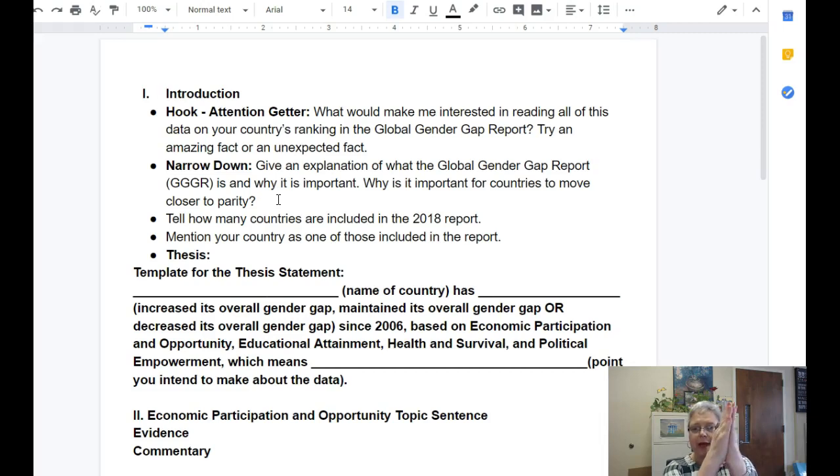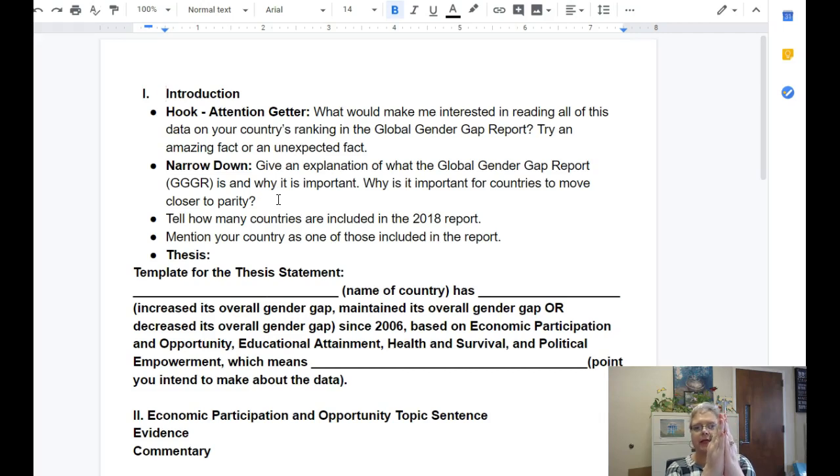When we say parity, we think of parity as being together. Male and female are the same. There is no gap when we're at parity. Disparity is when we have a gap. So the women are further behind the men. Or sometimes even the women exceed the men, and when that happens, they go on the other side of the line in the report about your country.